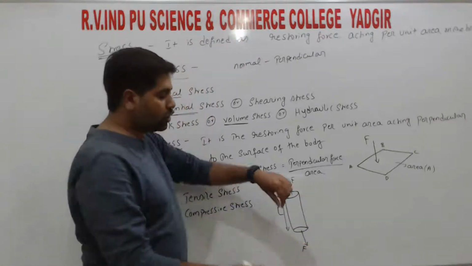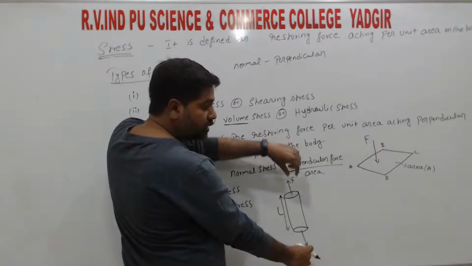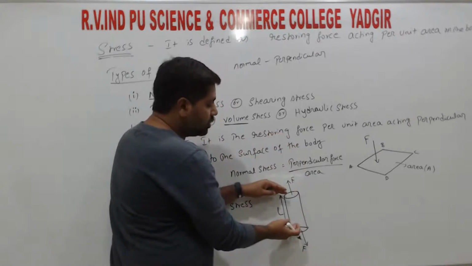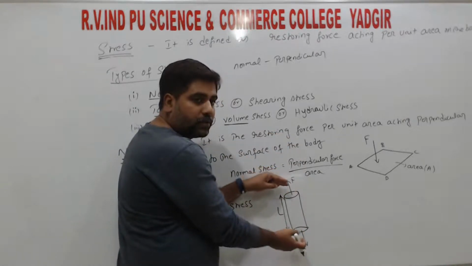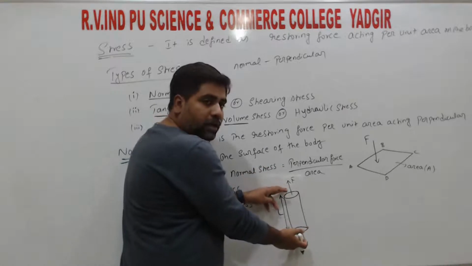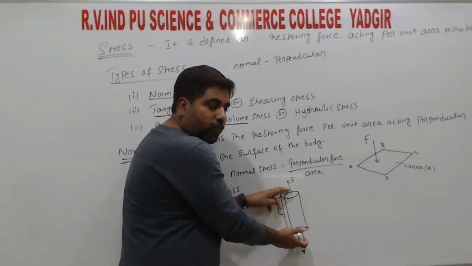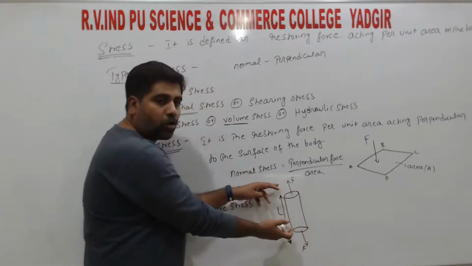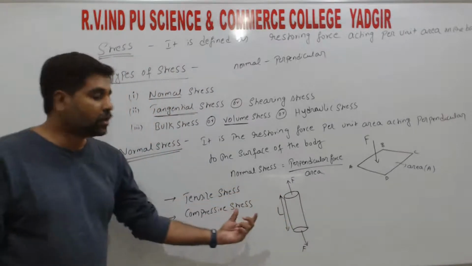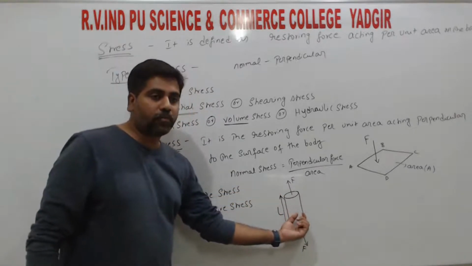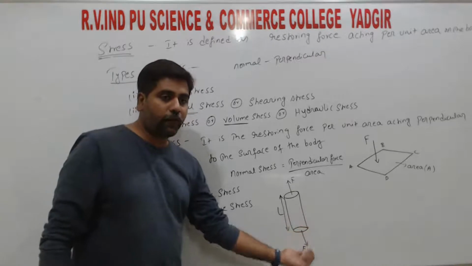So on the two sides I am applying the force, and what happened, the length of the rod increases because I am applying the deforming force. Due to this deforming force, the shape of the rod changes. That means the object gets deformed, that is the rod gets deformed, right?